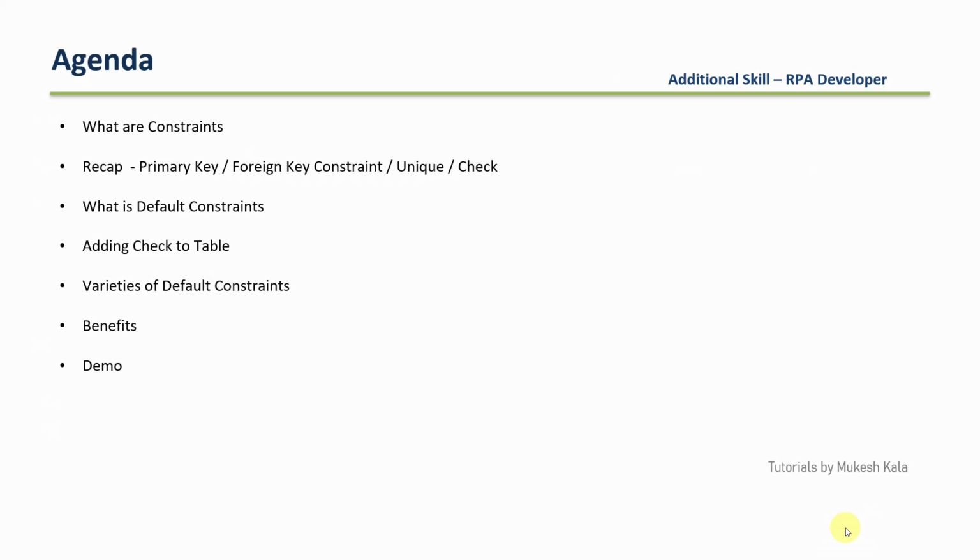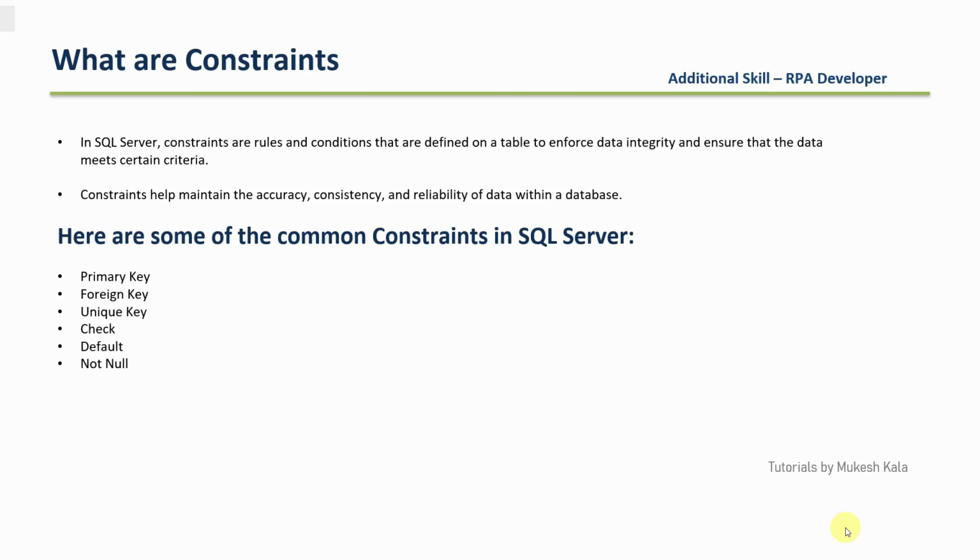Okay, having said that, let's get started with the first one, which is constraints. A constraint in SQL Server simply means the rules and conditions defined on a table to make sure that the data getting inserted into the table follows some criteria, some rules, some regulations.